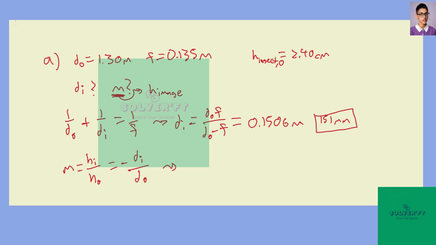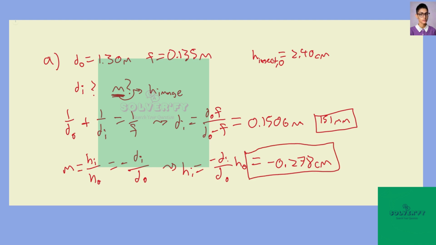So using that relation, we can rearrange for our hi to get minus di over do times ho, and that is equal to minus 0.278 centimeters, which is, sorry, much smaller than the original height, but we kept it in centimeters as a point of comparison.